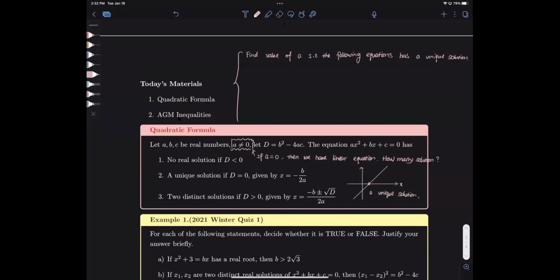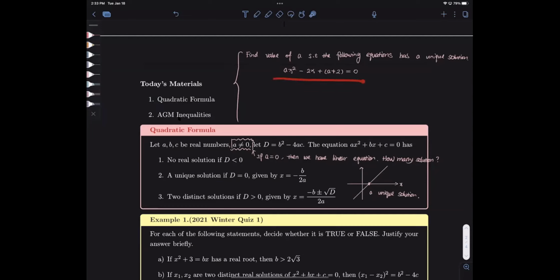And your equation might be something like ax squared minus 2x plus a plus 2 equals 0. This is just something I made up, okay?